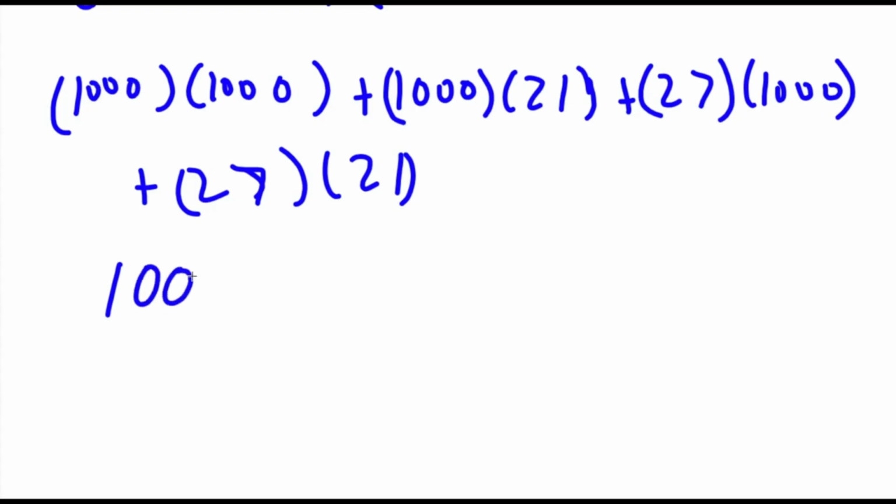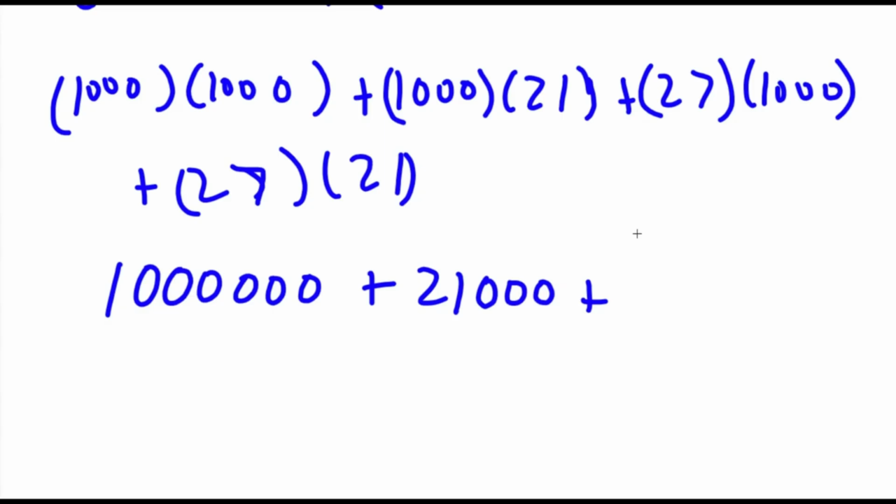Plus, now 1000 times 21, that's going to be 21,000. Plus 27 times 1000, that's going to be 27,000. Plus, finally, 27 times 21.